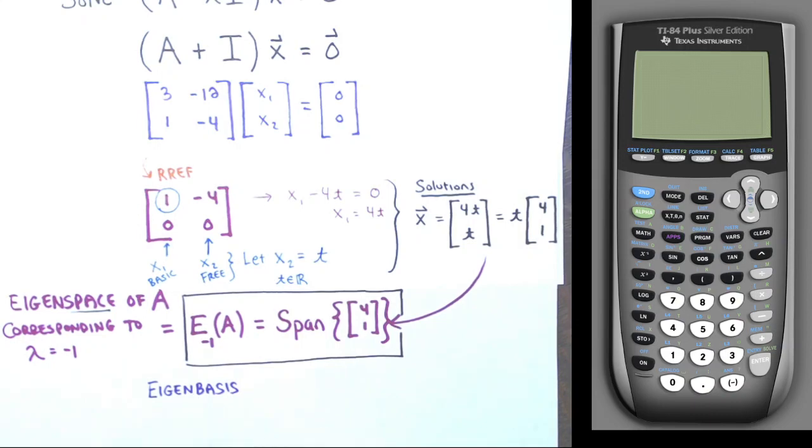This set with the vector 4, 1 in it is clearly a basis for this eigenspace.